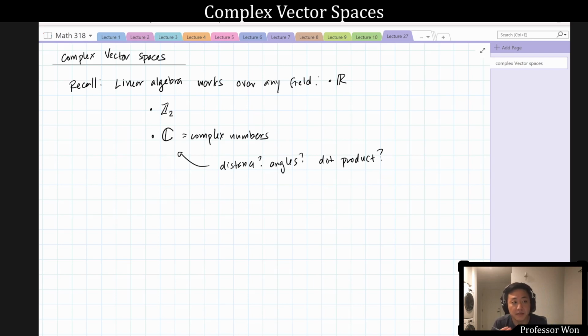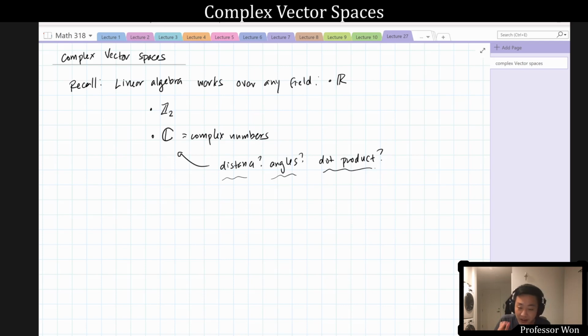And that's some of what we need to talk about in order to develop some interesting tools over the complex numbers. So what we're heading towards is these concepts, as well as trying to understand the analogs of some of the things we learned about for real matrices, like symmetric matrices and things of that nature.